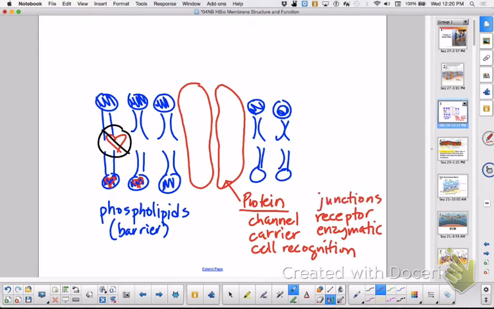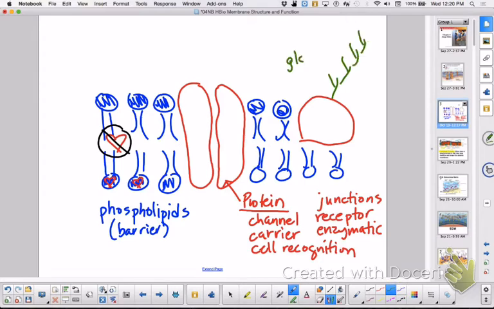Okay. What are the other parts of a cell membrane? Glycoproteins. Good. So you could have, let me draw another little protein here. You could have this. What is that made out of? Carbohydrates.